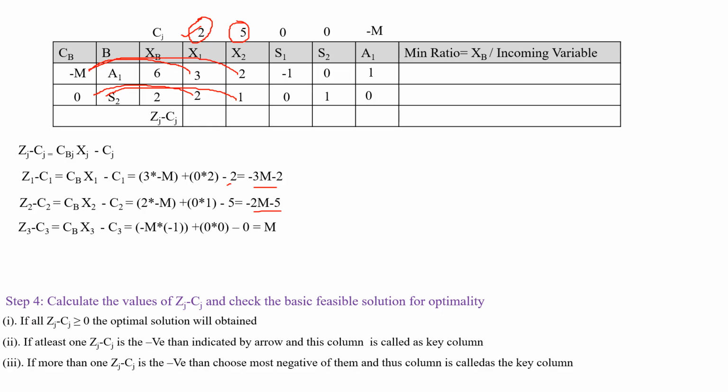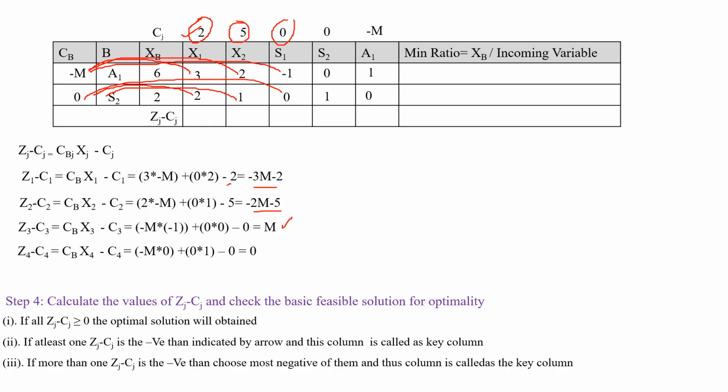Next we have to calculate Z3 minus C3 for the third variable, that is CBX3 minus C3. So CBX3 will become minus M into minus 1 plus 0 into 0, minus 0. Its value is M. So next Z4 minus C4 for the fourth variable. That is CBX4 minus C4.